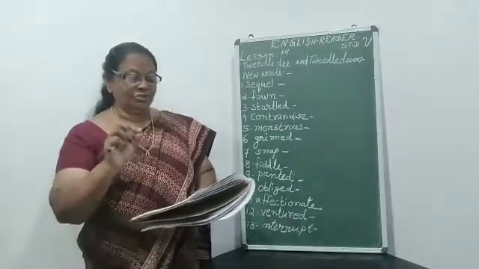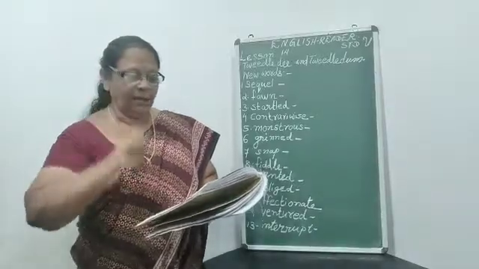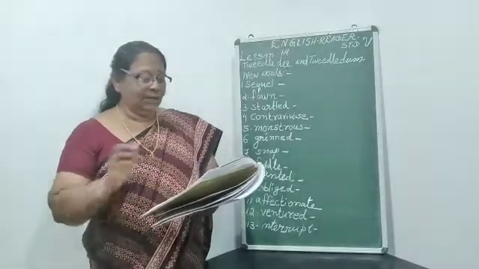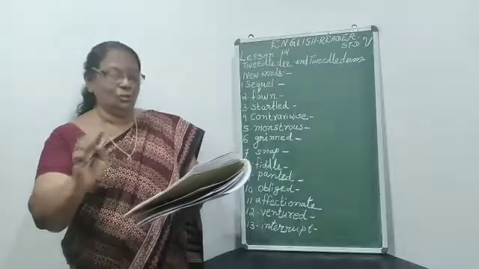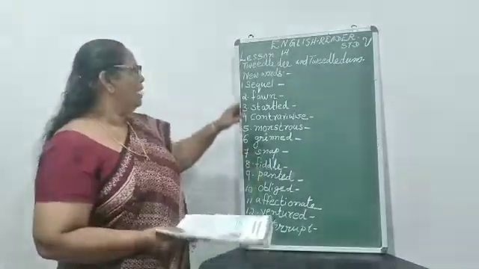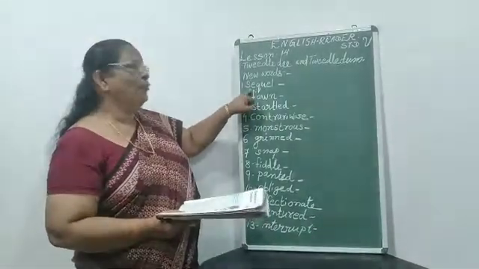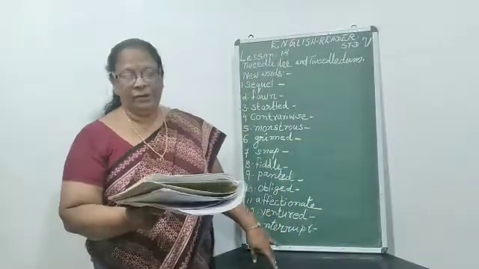As an introduction, the paragraph is given there. Here is an extract from Through the Looking Glass. It was written as a sequel to Alice's Adventures in Wonderland. Sequel, the word I had written on the board. What do you mean by that word?